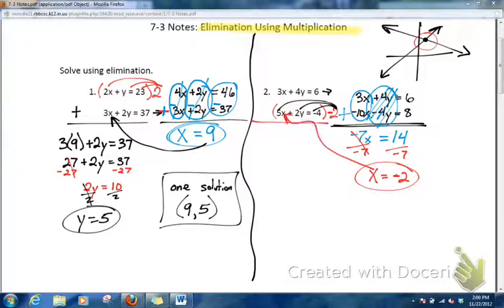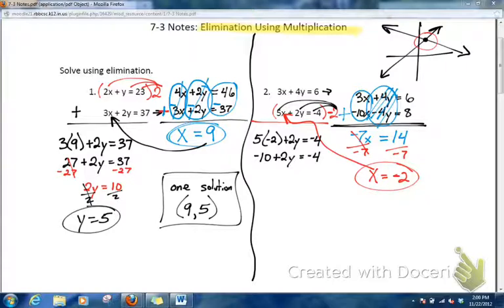Again, I'm going to just use the bottom one here for convenience purposes. So I have 5 times negative 2 plus 2y equals negative 4. 5 times negative 2 is negative 10 plus 2y equals negative 4.